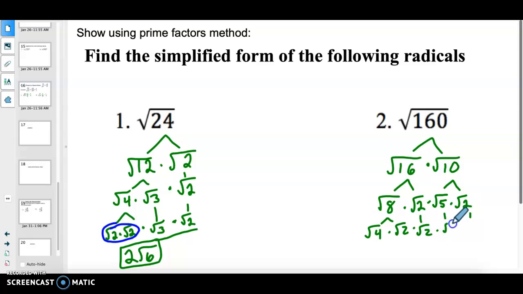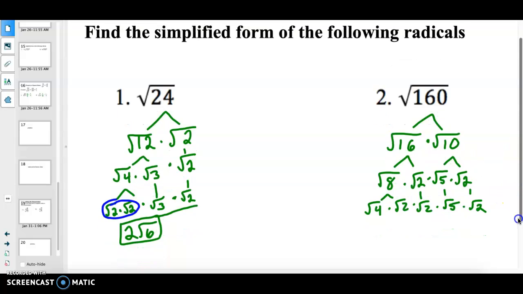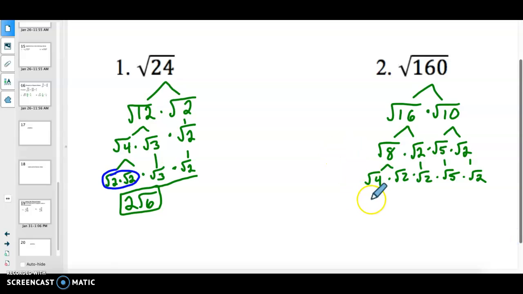This method does definitely take longer, but if it's what works for you, you can always use it. Now we're almost there. This 4 just needs to split into square root of 2 and square root of 2, and all the rest of these need to come down again. So clearly not the most efficient way on this problem.